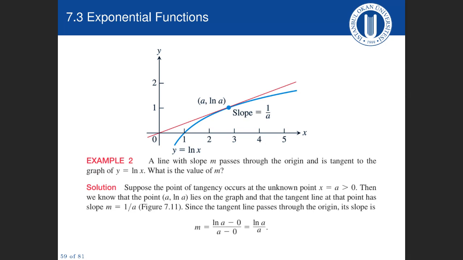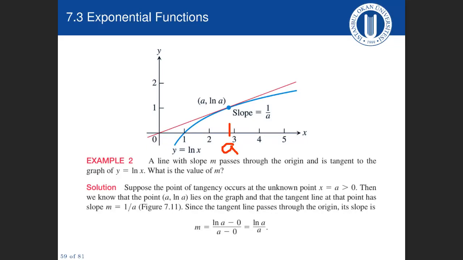A line with slope m passes through the origin and is tangent to the graph of y is equal to ln x. What is the value of m? Well, let's suppose that this line touches the graph when x is equal to a.